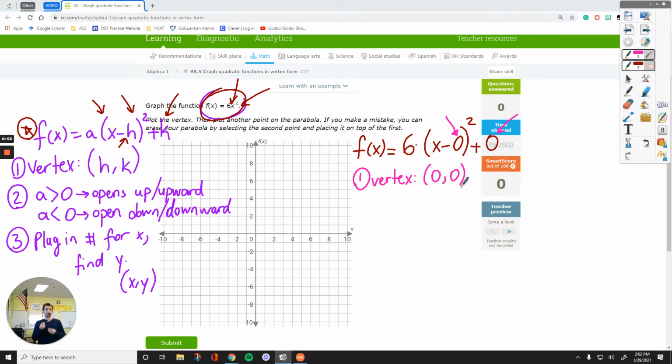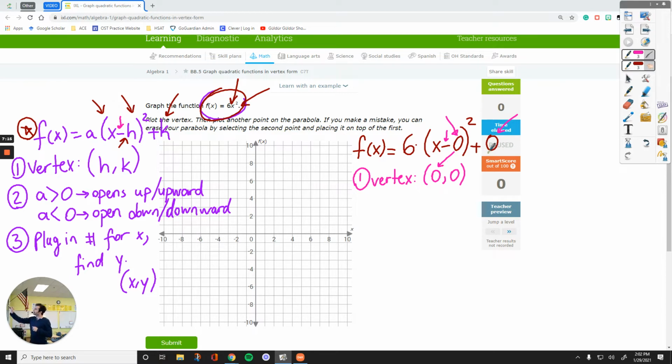Again, in the general formula, let me just clarify this. In the general formula, we already have a negative right there. So that negative does not belong to 0. That's part of the formula. 0 is my number for the x coordinate. So this goes here. Sorry for having too many arrows over here.